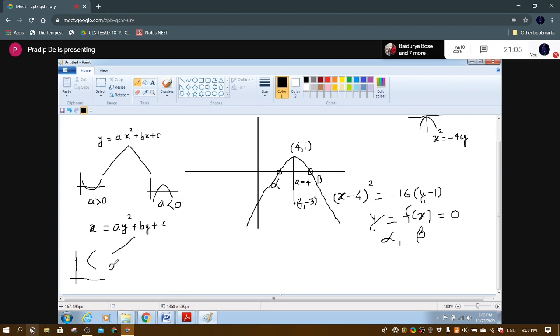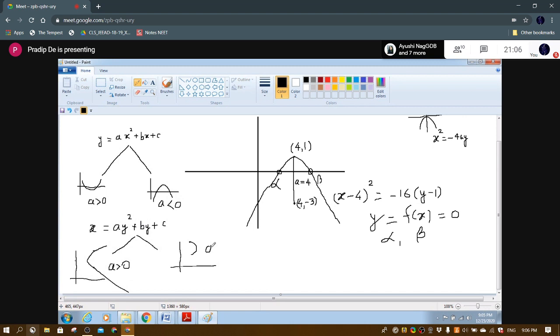If a is positive, it does not mean that it is not cutting the x-axis. It will cut the x-axis if you produce it. It will cut, surely. And this is like this. That is concave left.